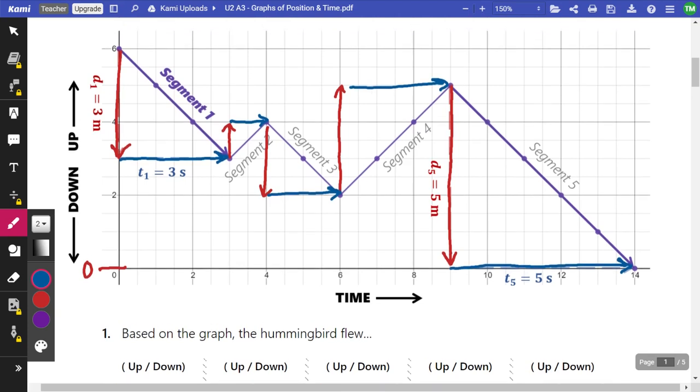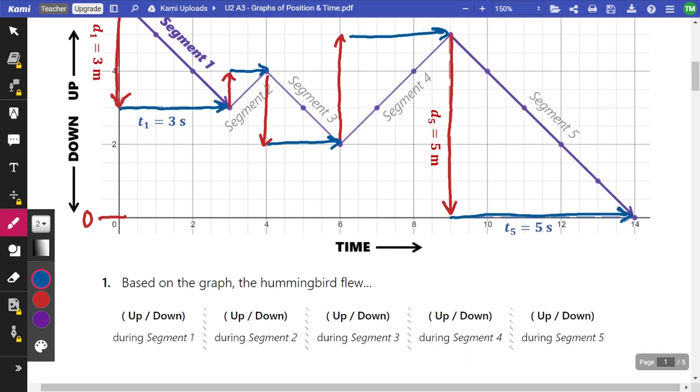So our bird started up high and then wound up lower as time went on during segment 1. So the bird must have been going down for segment 1. In segment 2, the bird winds up higher than it was before. As time goes on, it ends up getting to a higher distance up off the ground. So the bird must have been going up.